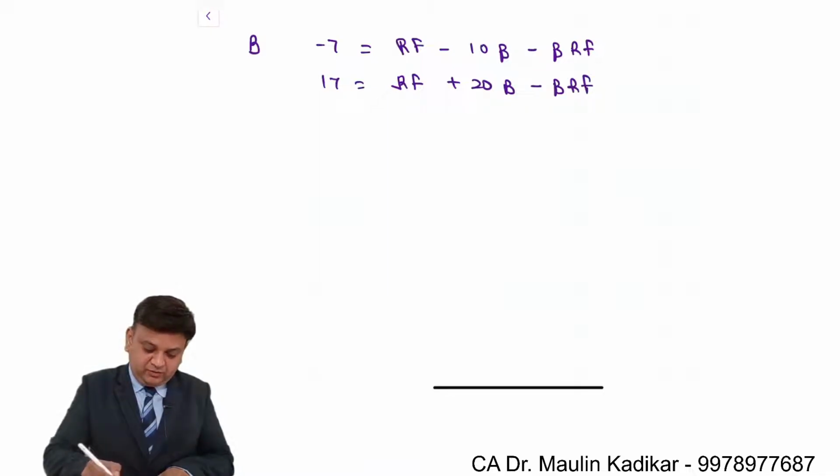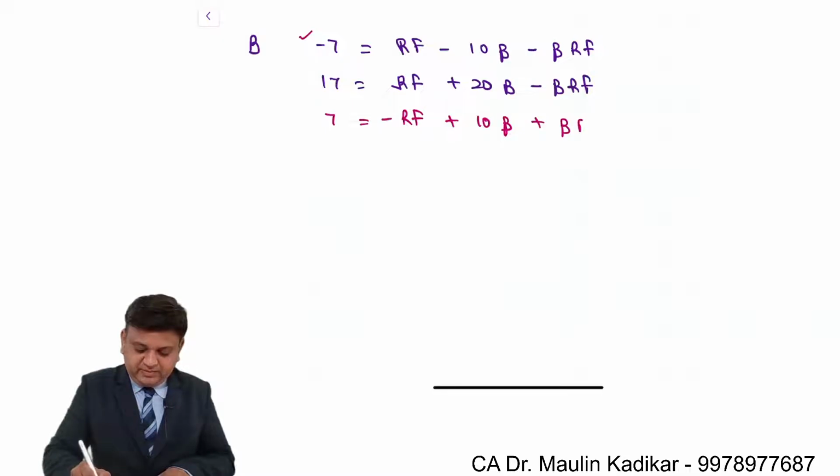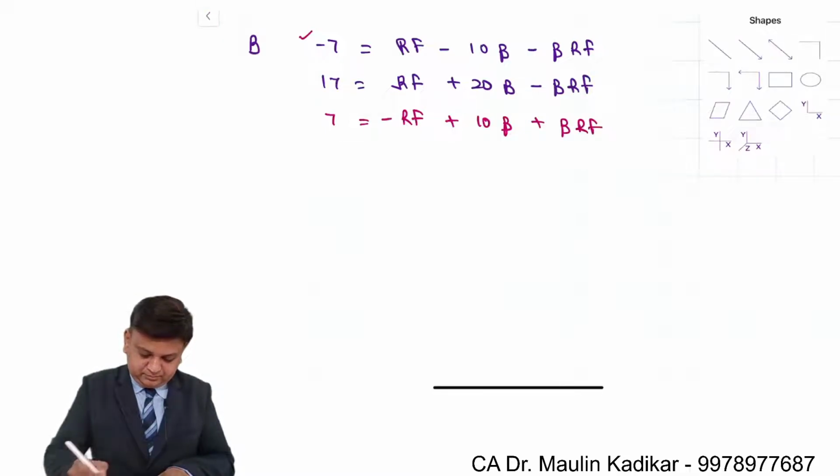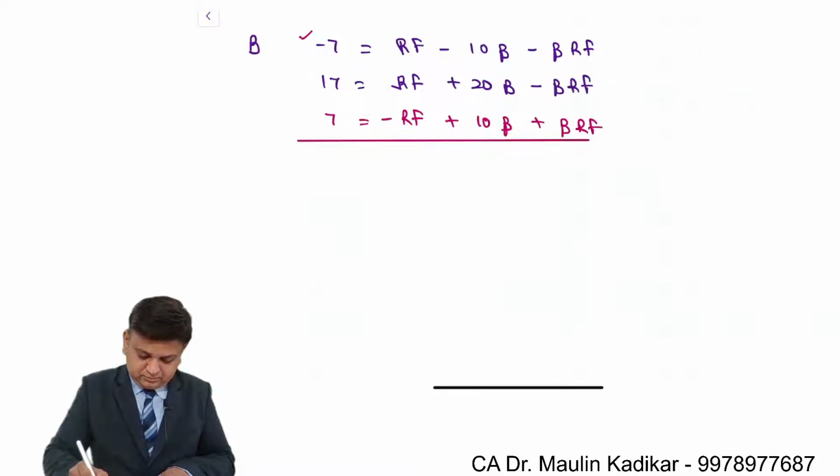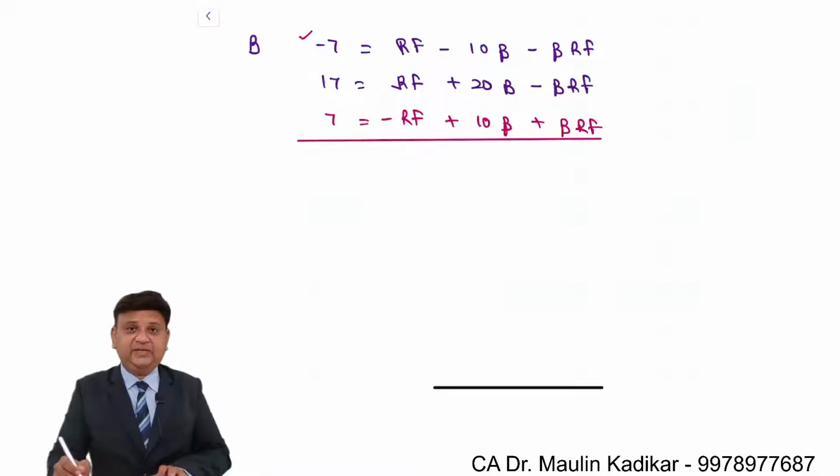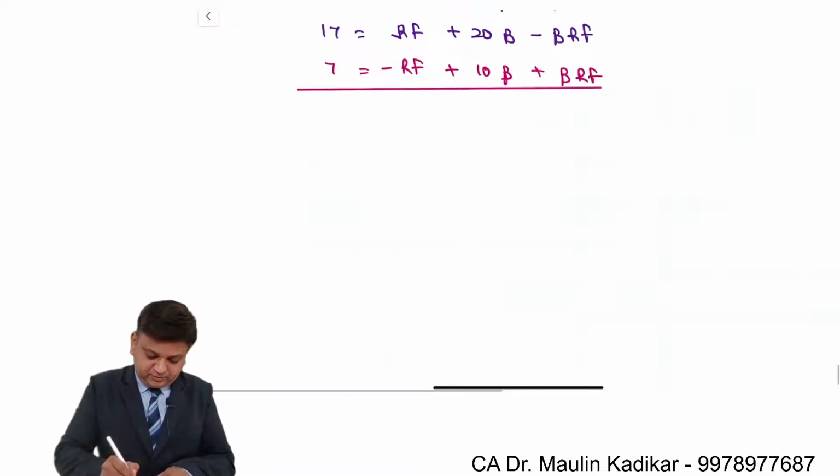Now what we will do, we will keep this equation with the change in sign. It will be positive 7, negative Rf, 10 beta, beta Rf. Okay. 17 plus 7 that comes to 24.